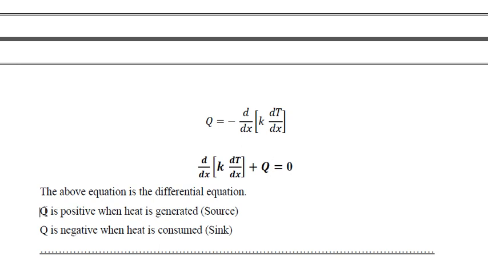Q is considered to be positive if heat is generated, which is known as source. Q is considered to be negative if heat is consumed, then it is known as sink. So this equation is the differential equation for equilibrium of one-dimensional heat conduction in case of a plane wall.